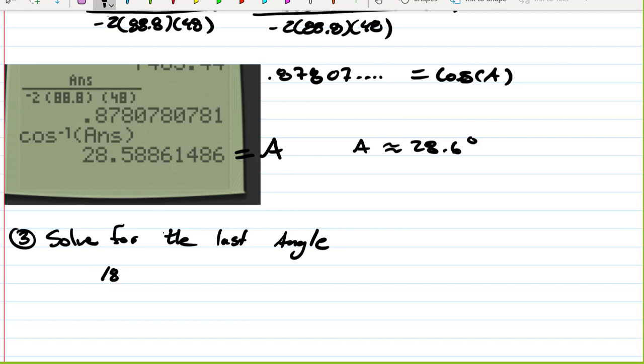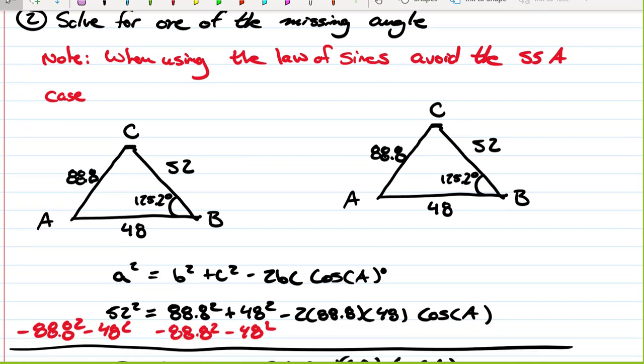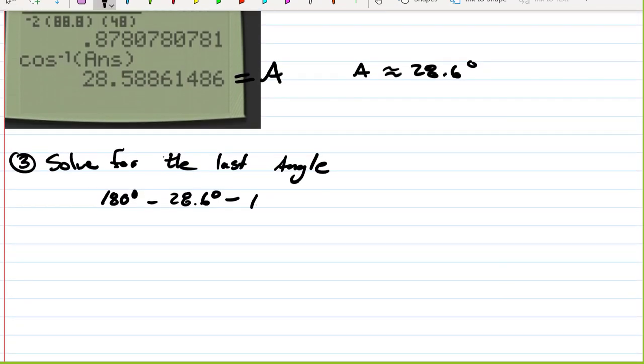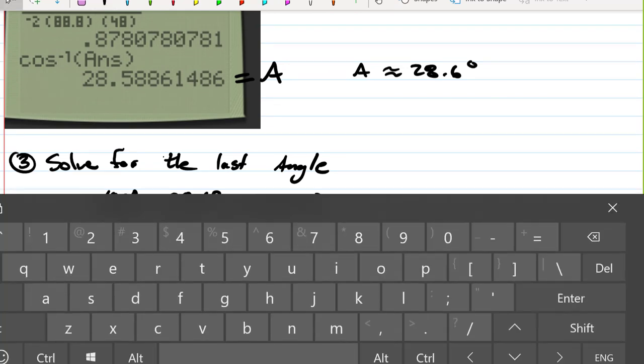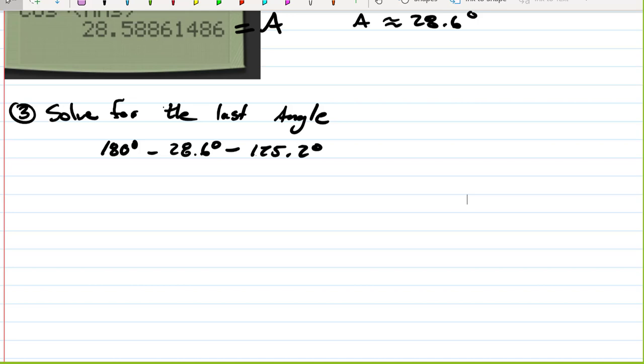And that's going to be 180 minus 28.6, which we just found, minus the angle that was given, which is 125.2. So then we subtract all of those, and we end up with the angle 26.2 degrees.